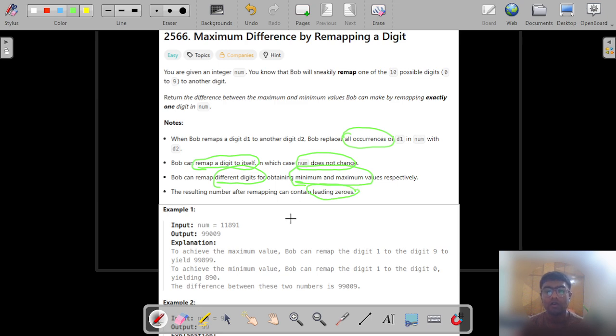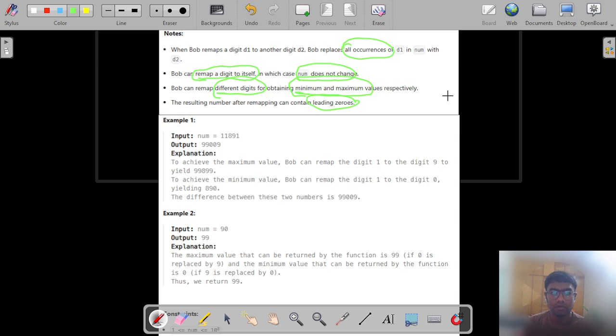Okay, so all of these can be understood by this example. Let's say to find the maximum value we replace 1 with 9 and we get an output of 99891. So we have replaced all the occurrences of 1 with 9, and this last digit also.